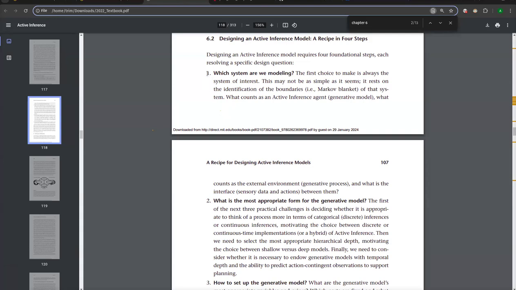Okay. The first question in the four question recipe here is, what system are we modeling? If we were thinking about an individual mouse in a T-maze, like what's going to come up in chapter 7 in discrete time, okay, we're going to model it with 4 locations: starting, left, right, and down. Or are we going to model its footsteps?